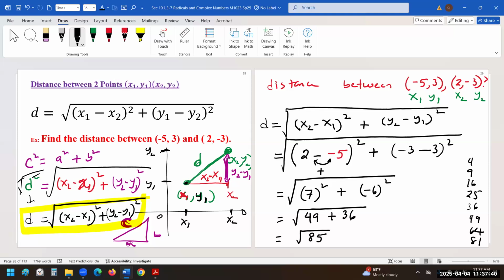Is 85 divisible by any of these? Nope. It's definitely not divisible by 4, not 9, not 16, not 25, not 36, definitely not by 49. Since we cannot divide 85 by any of these, we have to stop. There is nothing much you can do now.